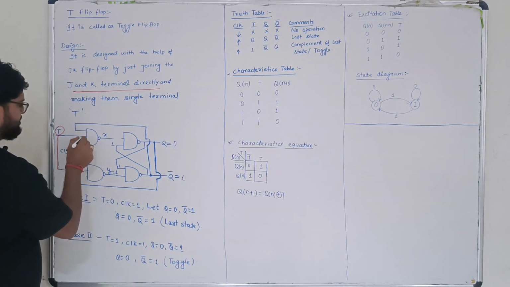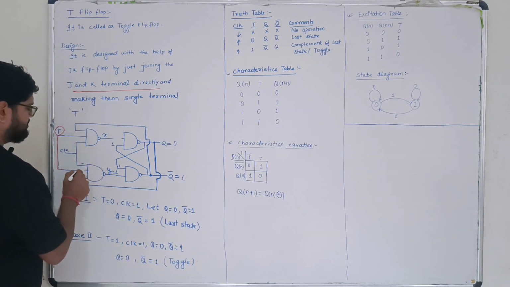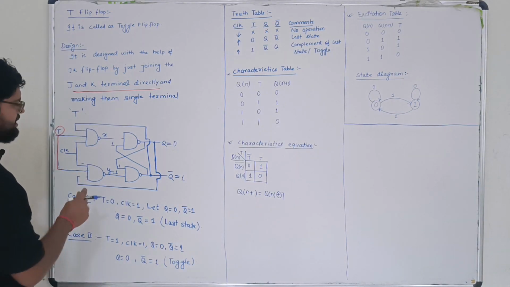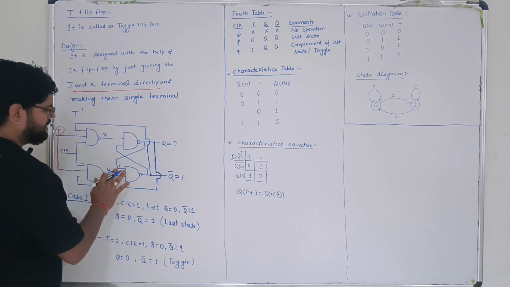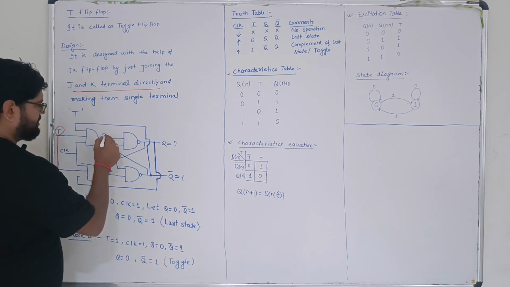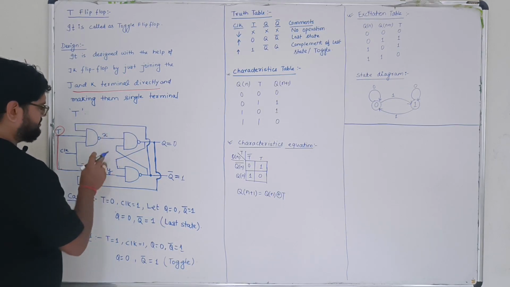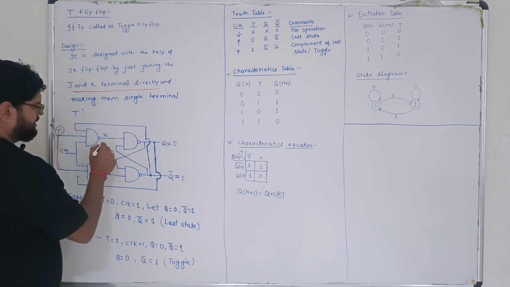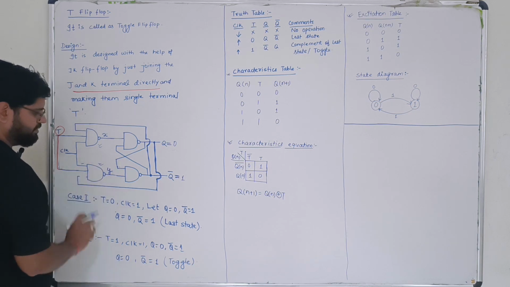This is the first consideration, and depending on this, we'll learn what exactly is happening and how we are deciding the outputs. So let us go for that. The first thing is, I am considering the output of this NAND gate as X and the output of this NAND gate as Y.